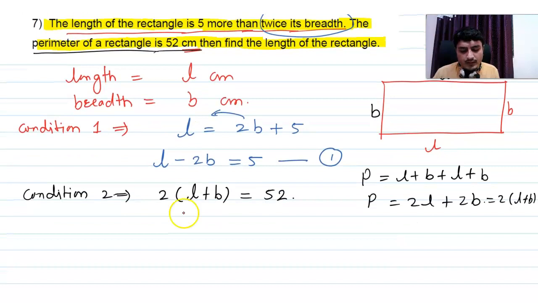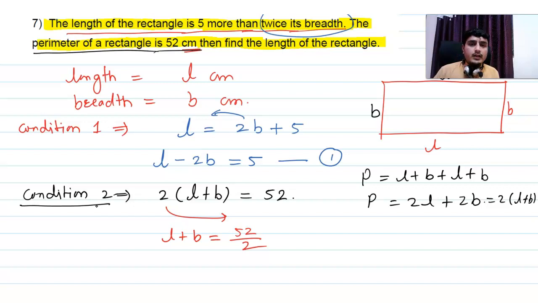Now once we shift this 2 from LHS to RHS, we get L plus B equals 52 divided by 2. So as per the second condition, the second linear equation in 2 variables L and B is L plus B equals 26, since 2 times 26 is 52. Call it equation number 2.